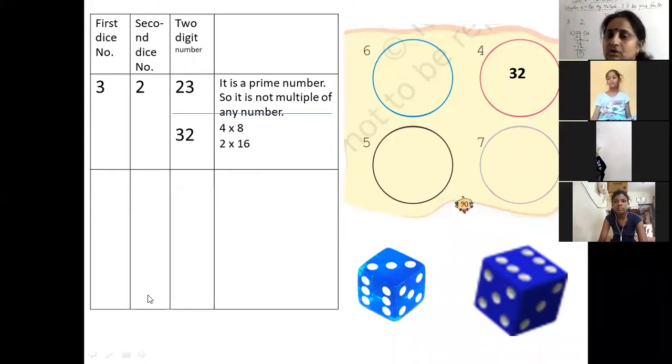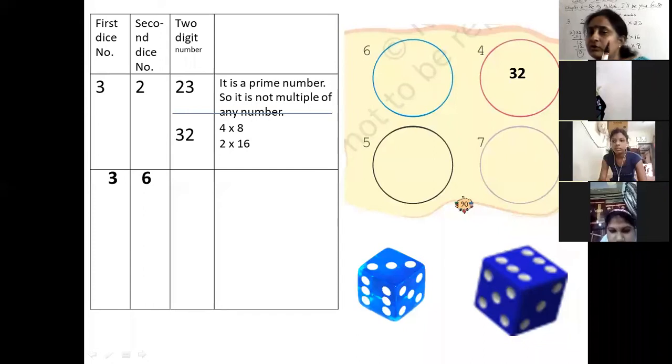Very good. So on the first die the number is 3, on the second die the number is 6. Now make a two-digit number. 36, ma'am. 36.